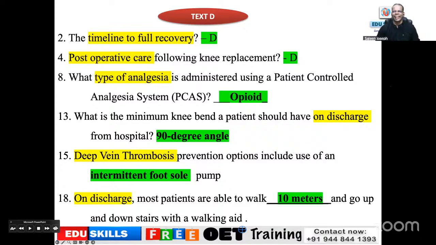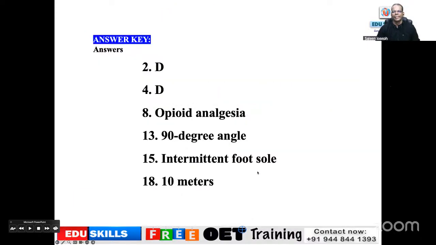Now, the answers are: D is okay. Here, opioid, 90-degree angle, intermittent foot sole pump, 10 meters. Now the scene has changed. Here it must be the small letter. Okay. Opioid.